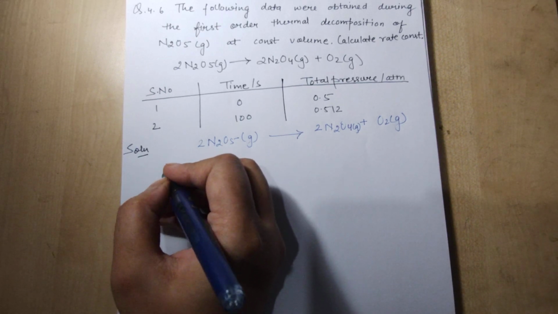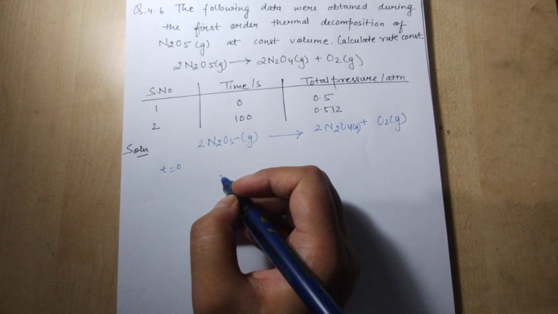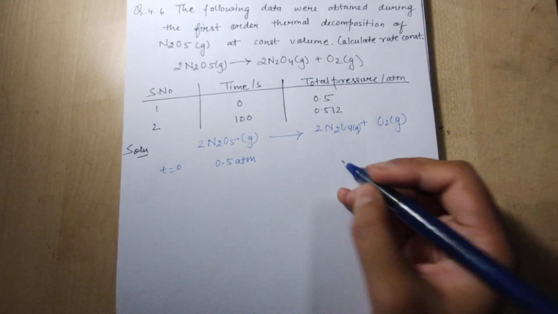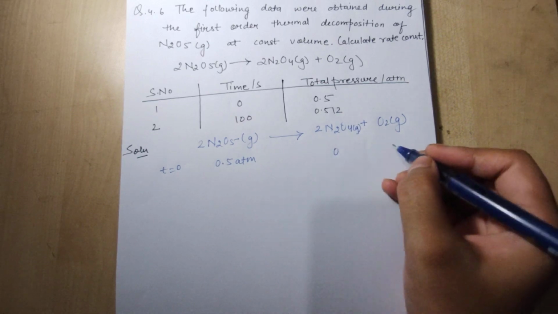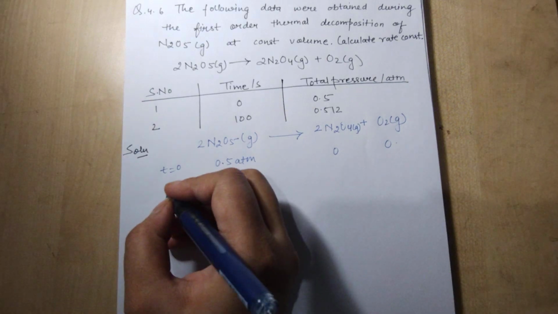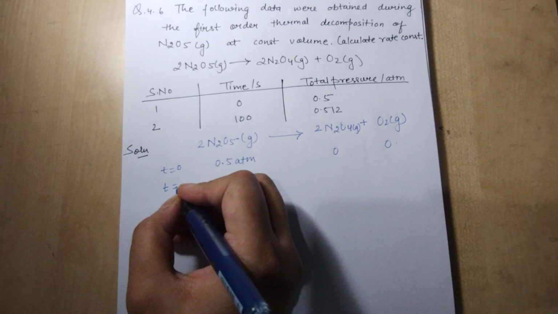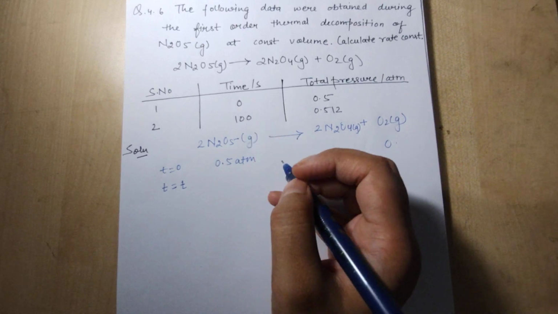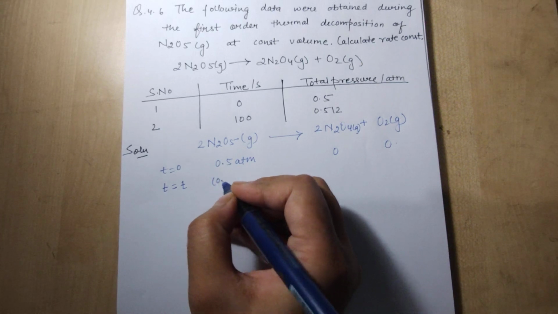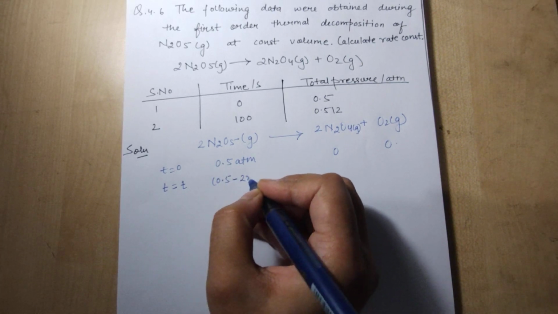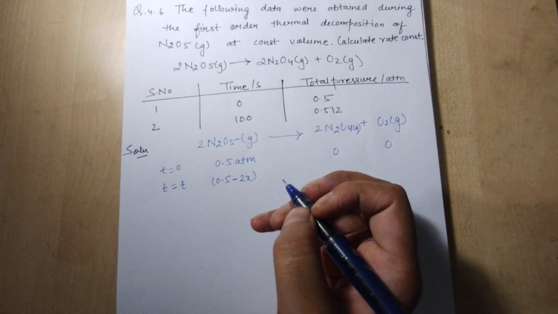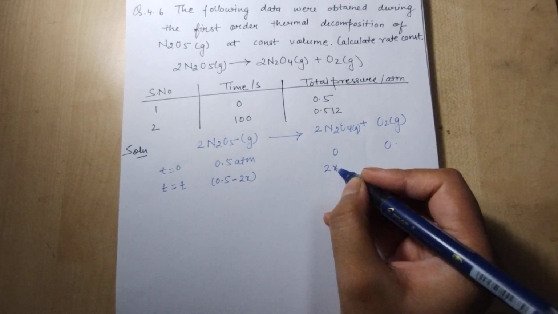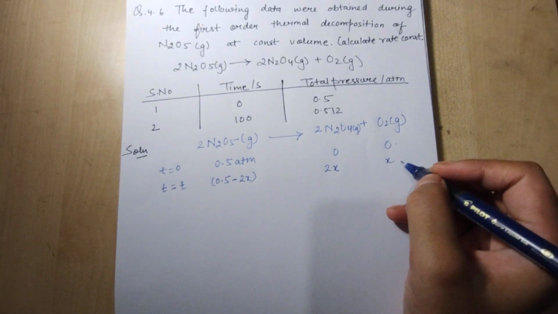Here at time 0, the initial pressure is 0.5 atm and the final pressure is 0, and at time t, that is 100 seconds, the pressure reduces to 0.5 minus 2x, and here 2 mole of N2O4, that is 2x, and x is formed.